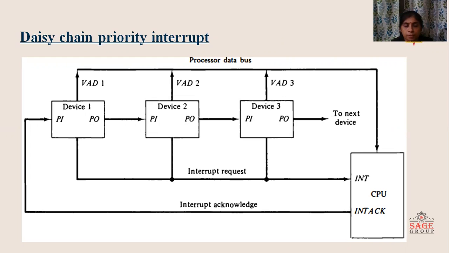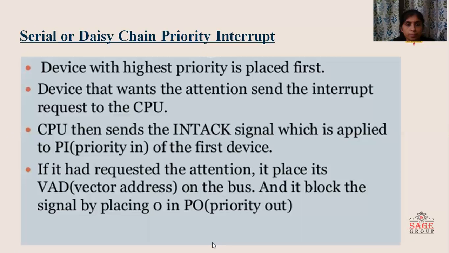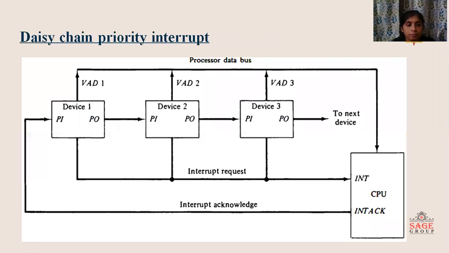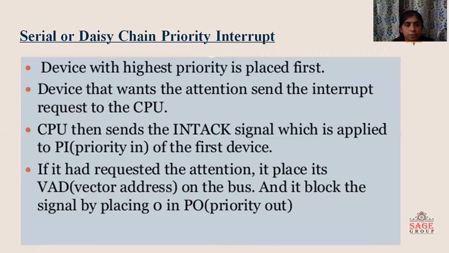As we have discussed in the previous slide, the device with highest priority is placed first. Here device 1 having the highest priority is placed first, and the device that wants the attention sends the interrupt request to the CPU.